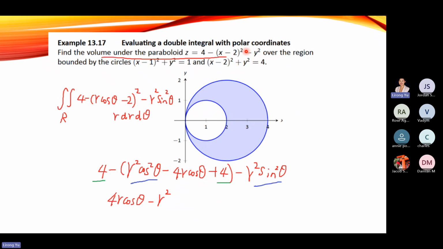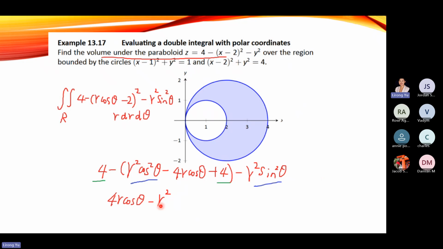Down here, I'm expanding it. (r cosine theta minus 2) squared is r squared cosine squared theta minus 4r cosine theta plus 4. Then 4 minus 4 cancels. There's r squared cosine squared theta and r squared sine squared theta, which combined give minus r squared. Two of these terms cancel, so out of the 5 terms, only 2 terms are left.